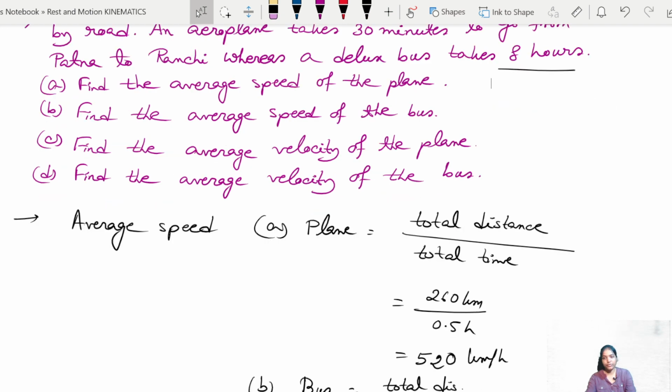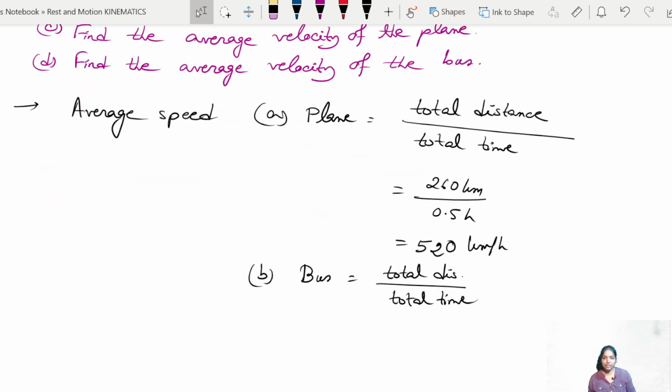So 320 km by 8 hours, 320 divided by 8, is also in kilometer per hour, 40 km per hour.